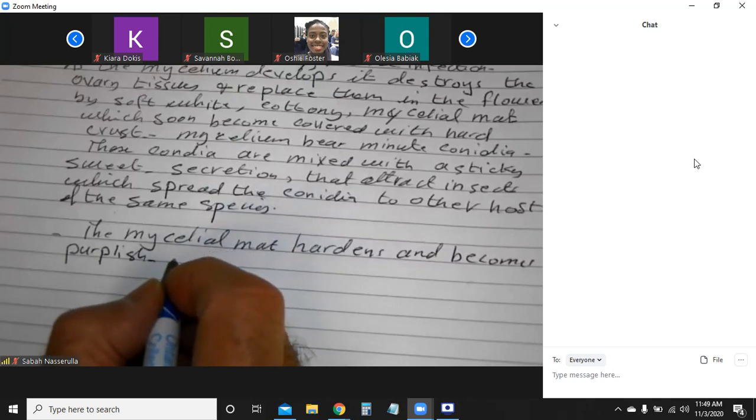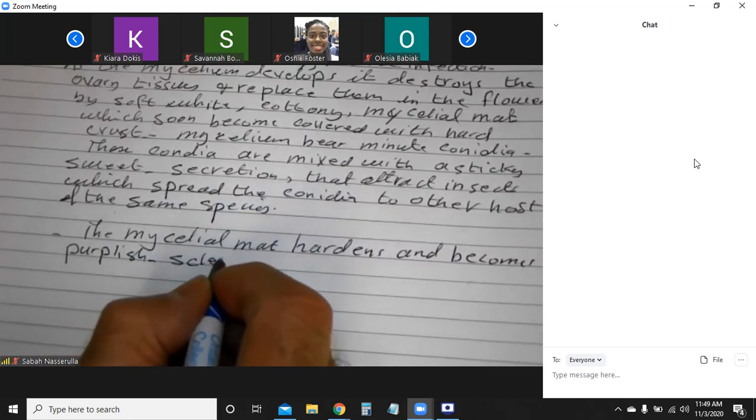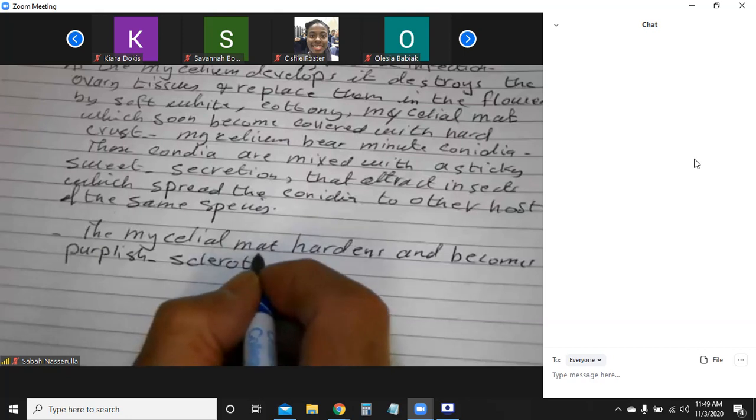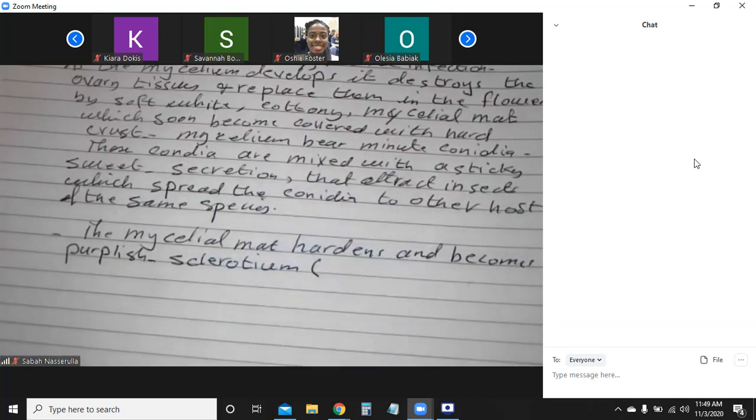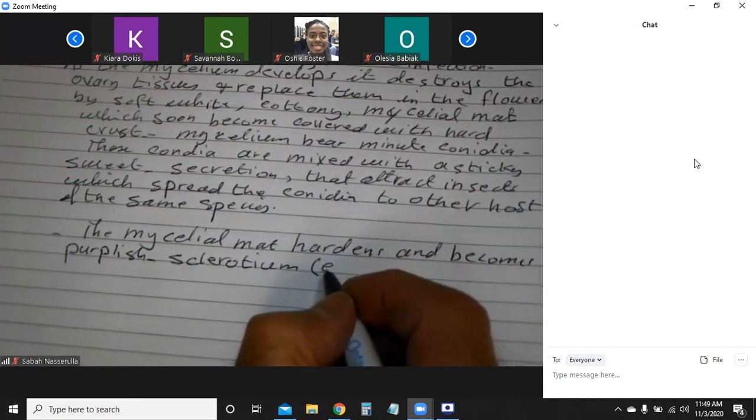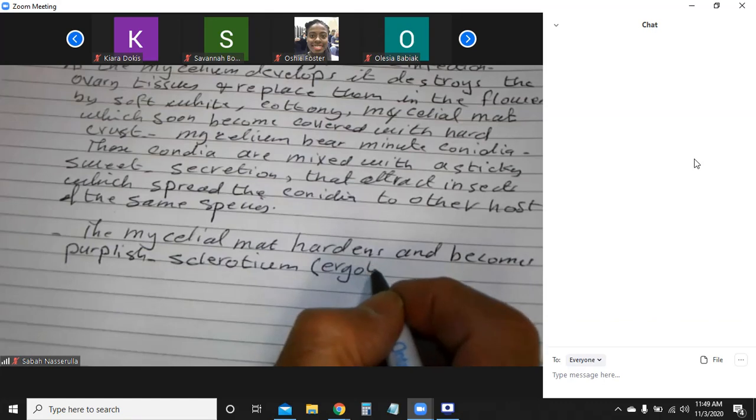That hard structure is what we call the ergot.